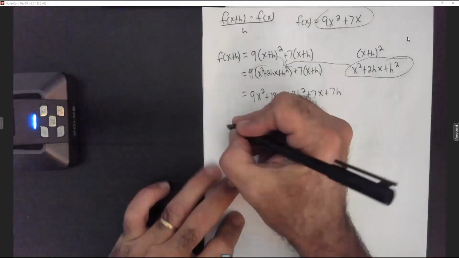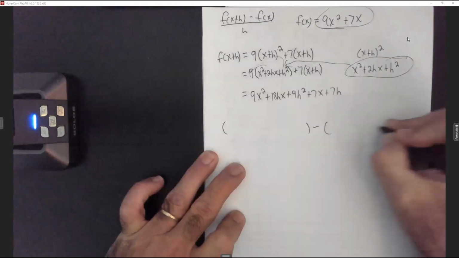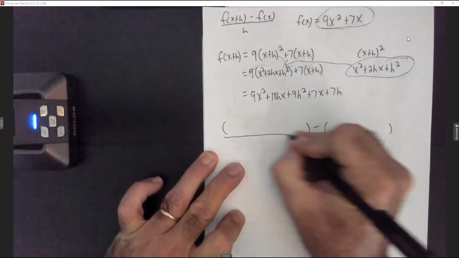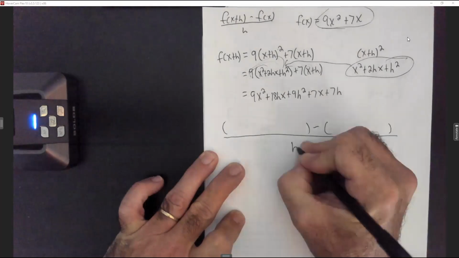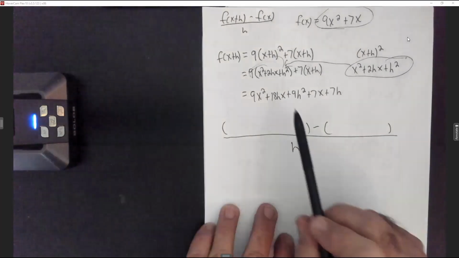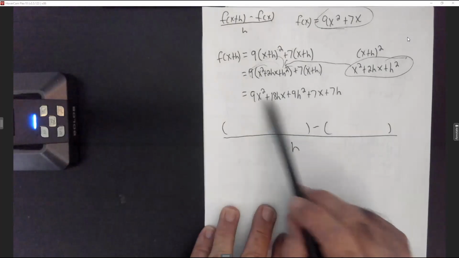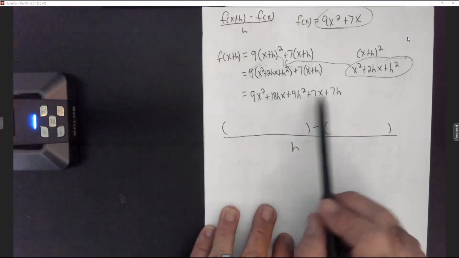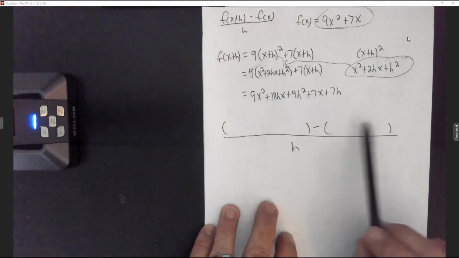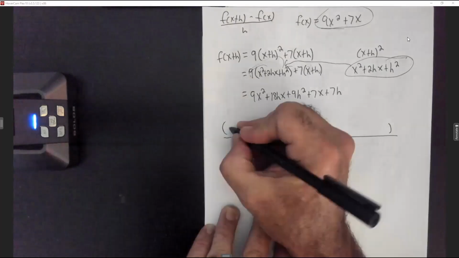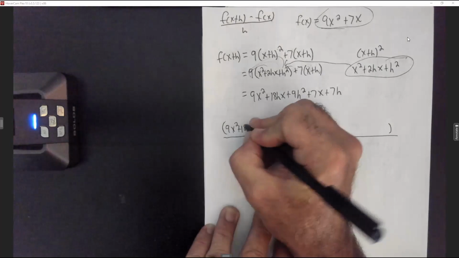So I'm going to put all that into our little formula. But y'all, if you remember, anything that we just found in this long polynomial, if it don't have an h in it, it's going to cancel with the f of x stuff. So let's put all that in here and I'll show you.